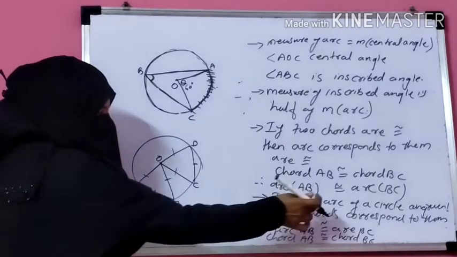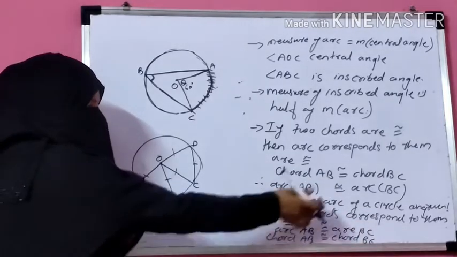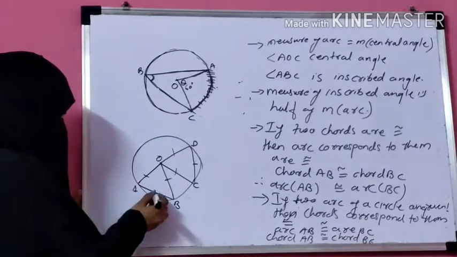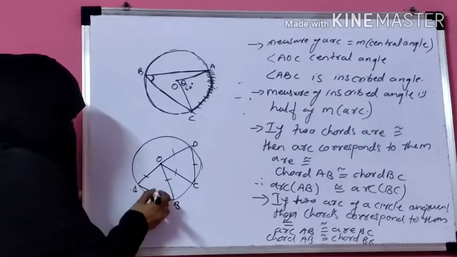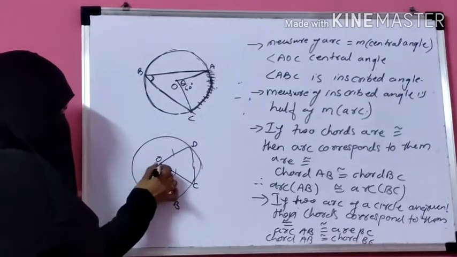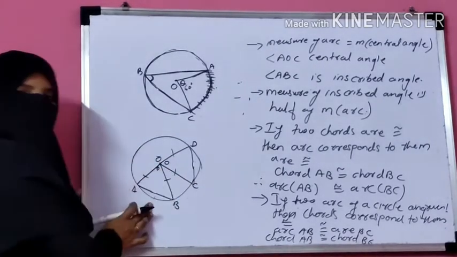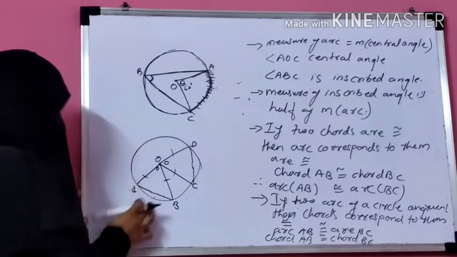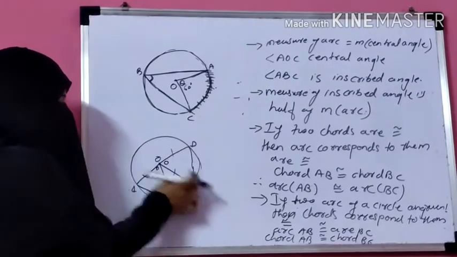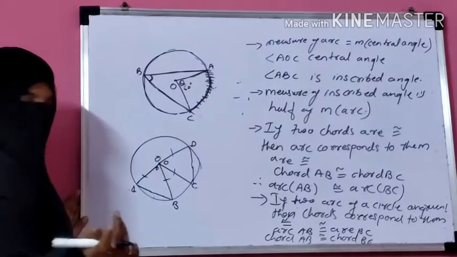Now next, if two arcs of a circle are congruent, then the corresponding chords are also congruent. So here the measures of the arcs are congruent. Now in the second case, the measures of the arcs are congruent, that means the measures of the central angles are equal, because the measure of a central angle is equal to the measure of the arc. Okay, and again OA is equal to OC, radii of the same circle, OB is equal to OD, radii of the same circle.